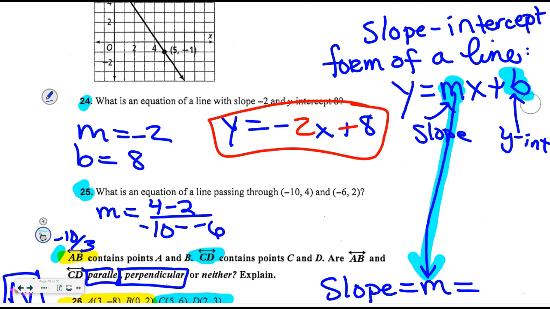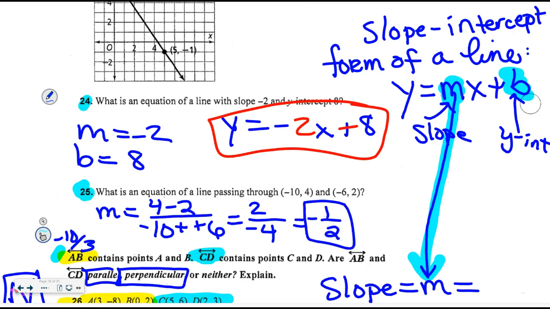So you subtract the y's and get a 2. You subtract the x's, and be careful because it's negative 10 minus a negative 6. So you're really adding. You're going to get a 2 over negative 4. And you're going to simplify it. Does that simplify? What do you think? It does, right? So it's negative 1/2.